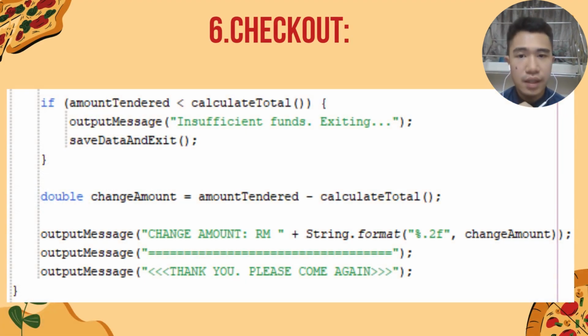If the system detects that the amount tendered is lower than the total price of the pizza, the system will output a message which is insufficient fund and directly exit the system.